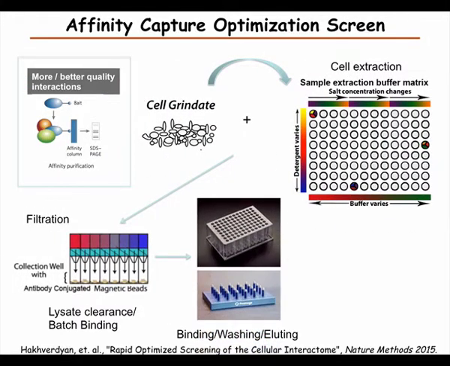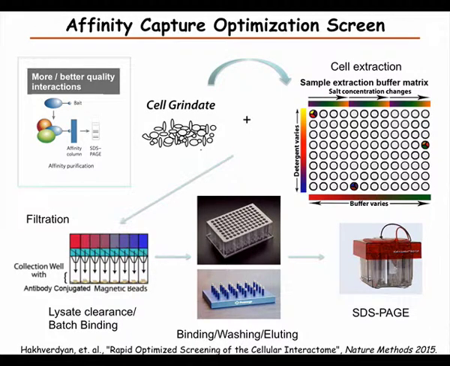So then the next step, one has the grindate, and that's what this paper is about: a robotic system that tests many different conditions. It uses a 96-well format, and you can program it to try different detergents, buffers, salt concentrations, and different kinds of salts.